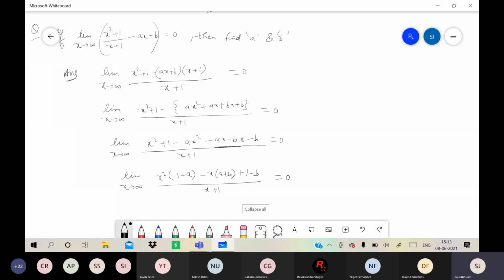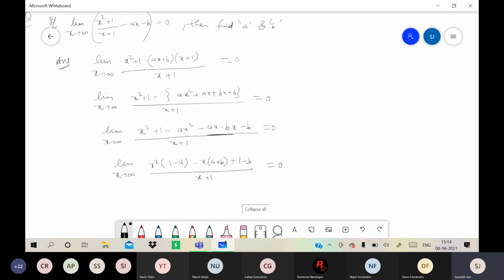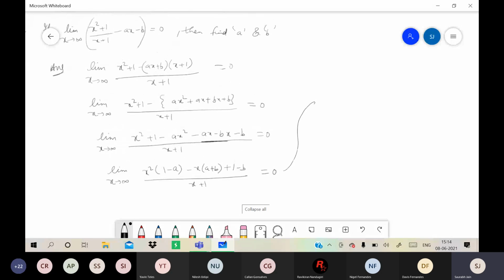Now see from here, what you do in these type of questions, they are infinity upon infinity, you divide by the highest power. So it will be 1 minus a, then minus of a plus b upon x, 1 minus b by x square, and this will be 1 upon x plus 1 by x square.